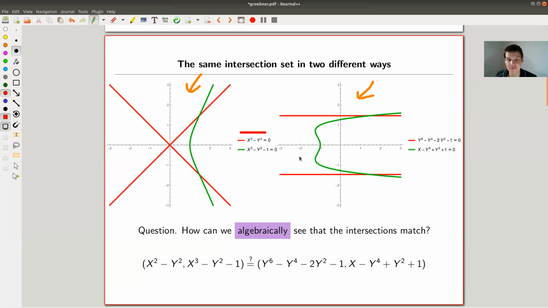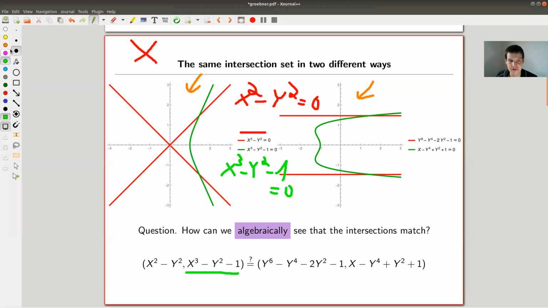Here, for example, I have a red equation, which is x squared minus y squared, and I'm looking at the zero locus, and this is this red cross. And I have a green one, which is a bit more complicated: x cubed minus y squared minus 1 equals 0, of course. I can phrase this in terms of an ideal.